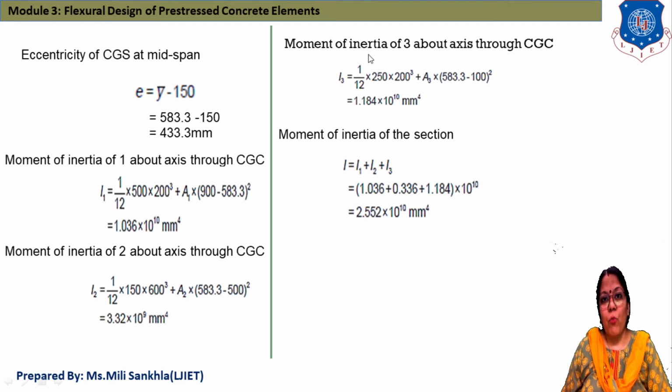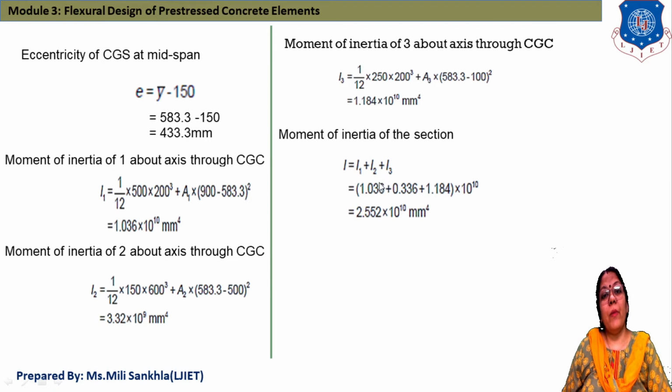Now we find the moment of inertia of the third part about the CGC axis, using the parallel axis theorem: Ig, BD cube by 12, plus A3 into y bar minus y3 square. Answer 1.80 into 10 raised to 10 mm raised to 4.